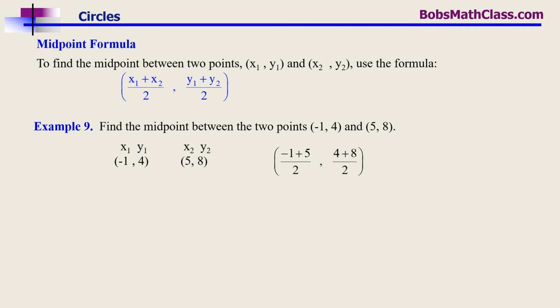So if we use our formula, x1 plus x2, that'll be -1 plus 5 over 2. And y1 plus y2, that'll be 4 plus 8 over 2. Simplifying that, 4 over 2 and 12 over 2, and then 4 over 2 is 2, 12 over 2 is 6. So that's the midpoint between those 2 points.